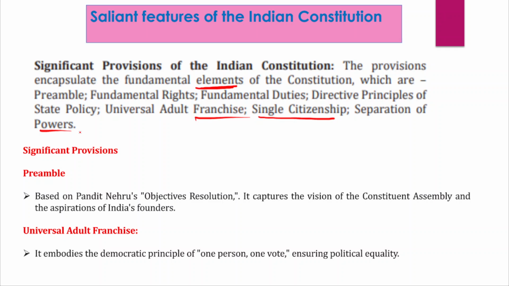So as we have just discussed, the preamble is also a fundamental feature of the Indian Constitution. The preamble says: We, the people of India, having solemnly resolved to constitute India into a sovereign, socialist, secular, democratic republic. So this is what the Constitution's preamble has been talking about.